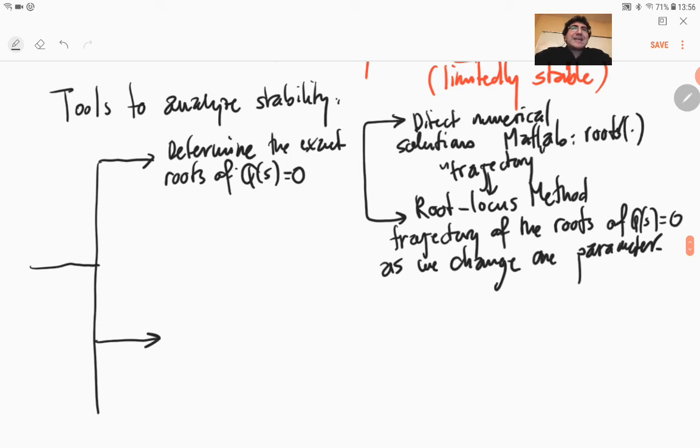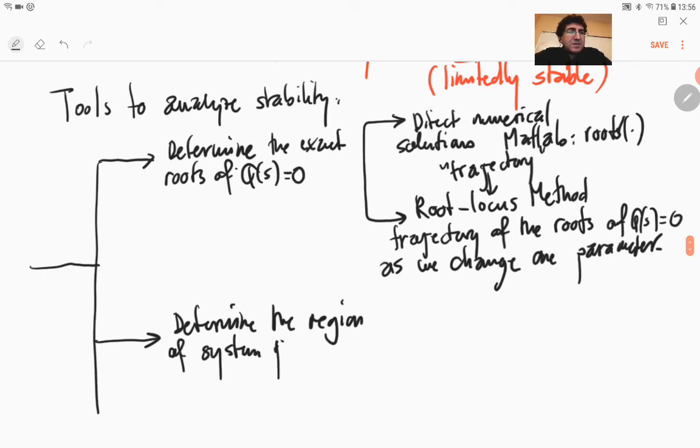Another way we can attack this problem is, can we determine the region of some system parameters for a stable system?